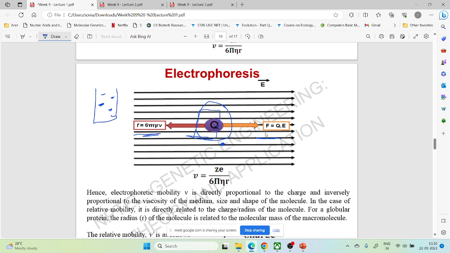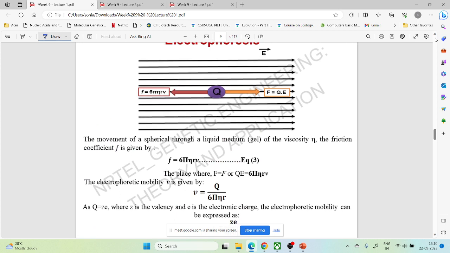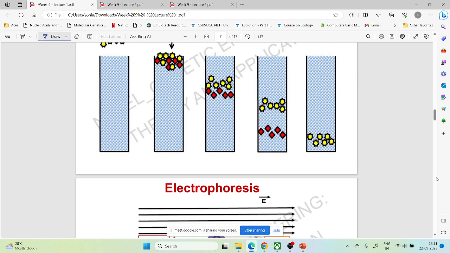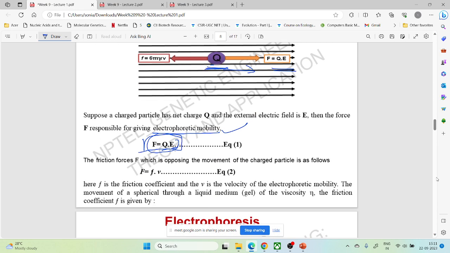These are the very basics of electrophoresis. These small mathematical derivations and formulas, if you want to get into them, you can, but they are not very important. I don't think that in competitive exams they really ask questions related to these numericals.